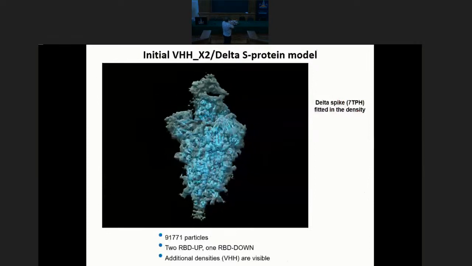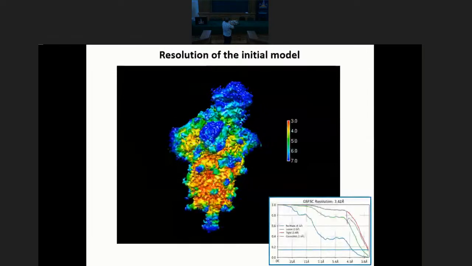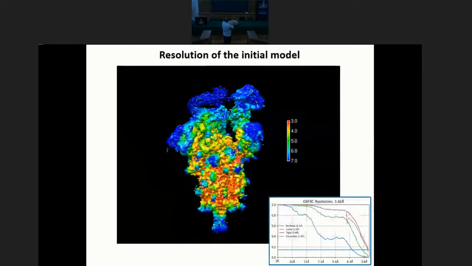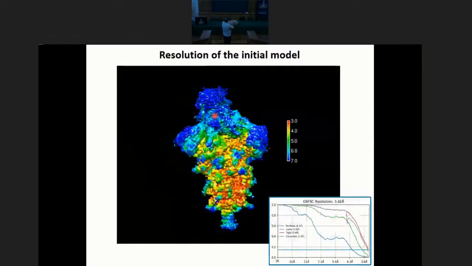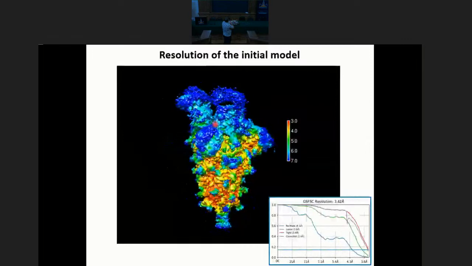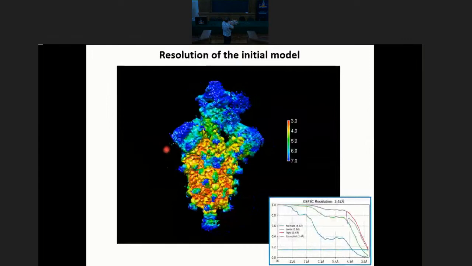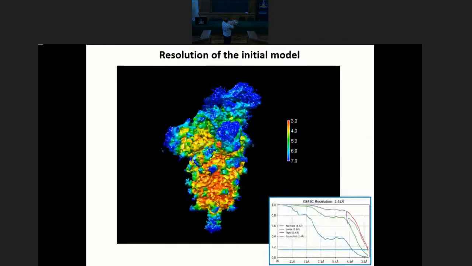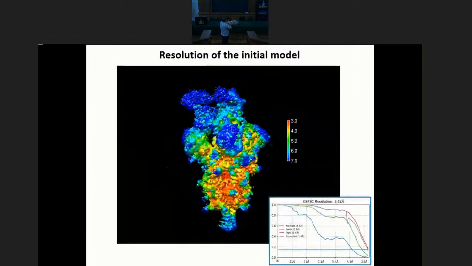But if we look at the resolution of this structure, we observe that the resolution in the core part of its subunits is quite good, but the resolution on the periphery is bad, and especially bad on the RBD that contacts our nano-antibodies. It's also bad in the N-terminal domains, but that is normal, it's usually found in structures of spike protein.